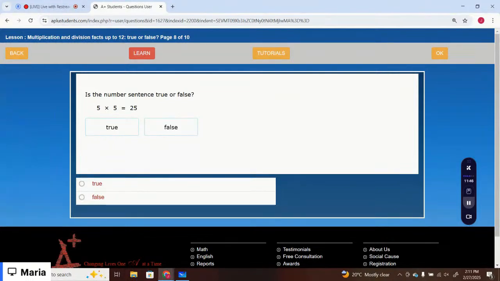Is the number sentence true or false? 5 times 5 equals 25. True, it is. 5 times 5 is 25.